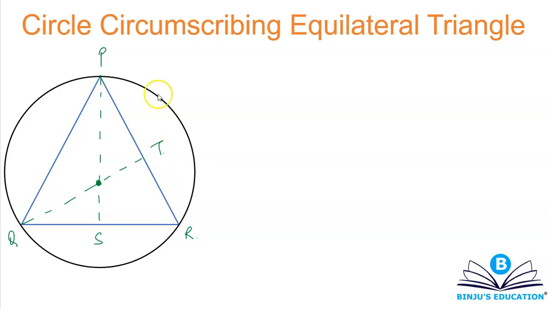Okay, I'm going to remove QT, it's not required. So you can call this O, and I know that the centroid divides the median in the ratio 2:1, so PO divided by SO is again equal to 2/1. Now O is also the center of the circle, so PO will be the radius of the circle.